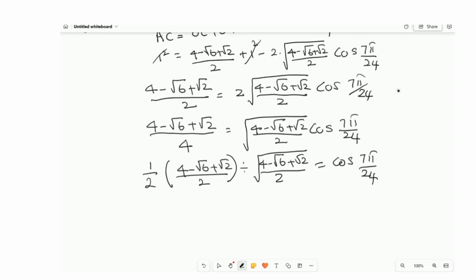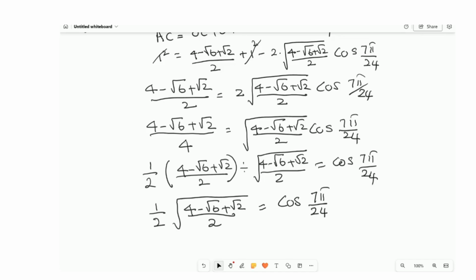Now you can simplify this one, that is half square root of 4 minus square root of 6 plus square root of 2 divided by 2 is equal to cos 7 pi divided by 24.